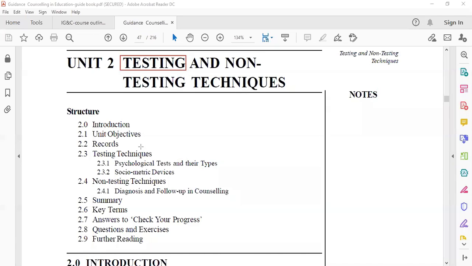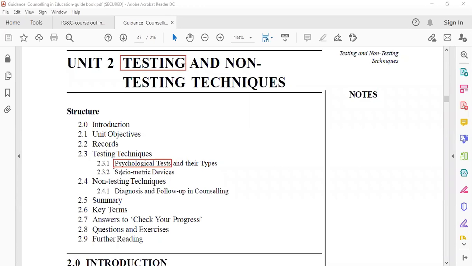Likewise, we had studied different types of psychological tests that are used, which include intelligence test, aptitude test, test of interest, and test of multiple intelligence as well.